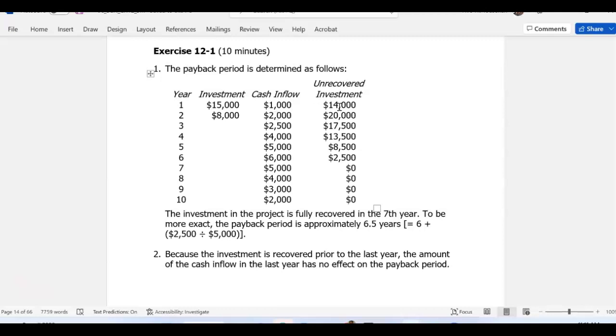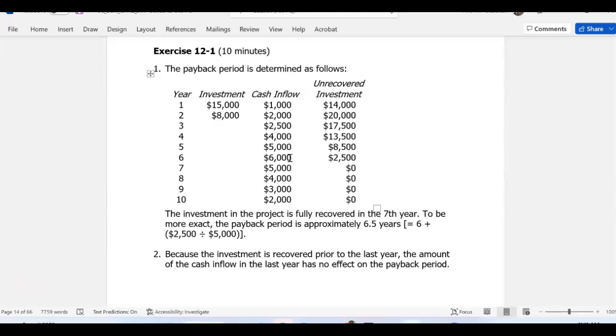That gives you 14 plus 8 minus 2. That's 20. We have 2,500 cash flow in year 3. So 20 minus 2,500 is 17,500. 17,500 minus 4,000 in year 4 gives you 13,500. 13,500 minus 5,000 in year 5 gives you 8,500.